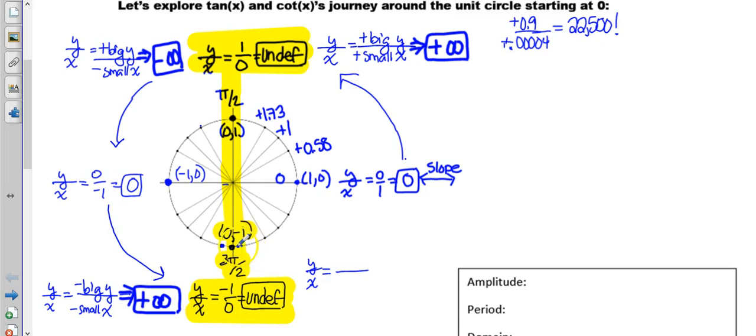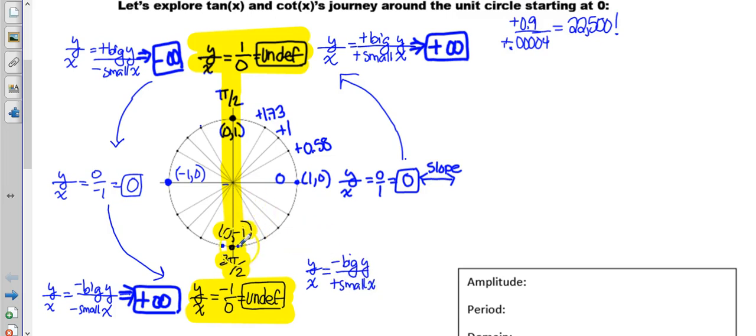If I'm talking about right there. If someone wants to press pause so you can talk about it for a second, that would be cool too. Otherwise, take a shot. You're doing it in pencil, so if it needs to change, no worries. So I'm hoping the consensus is, drum roll please, a negative big y and a positive small x.